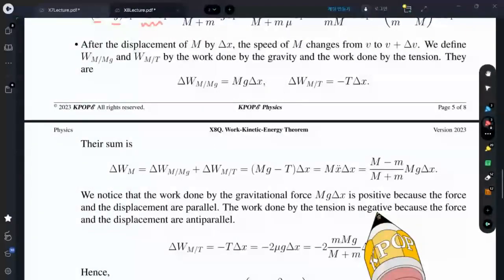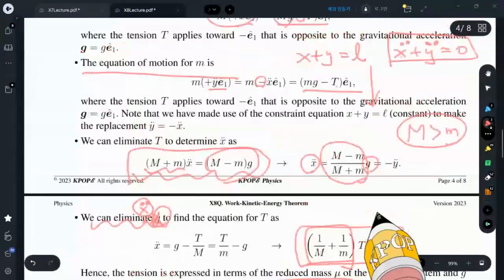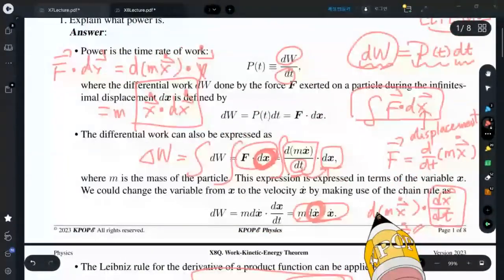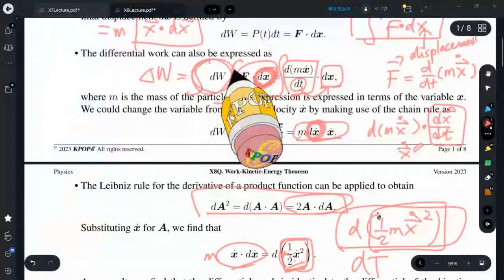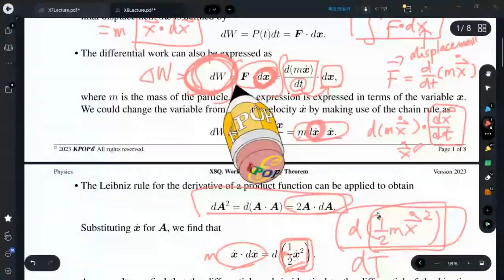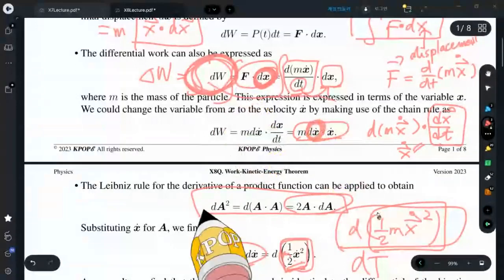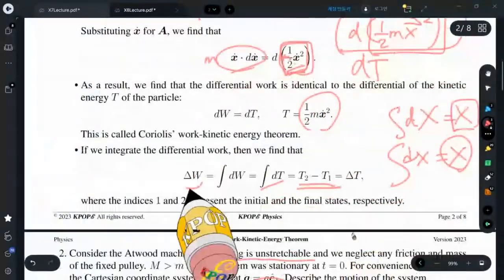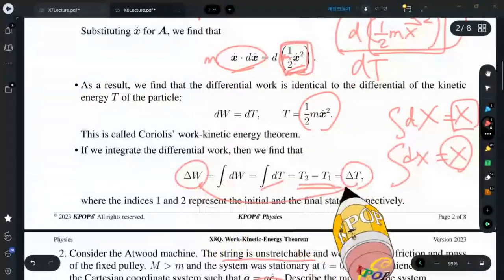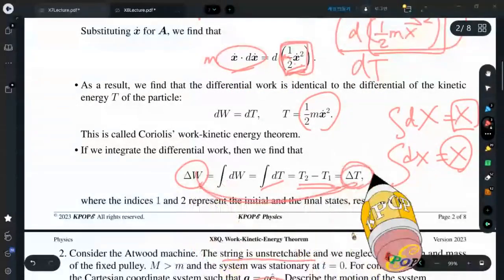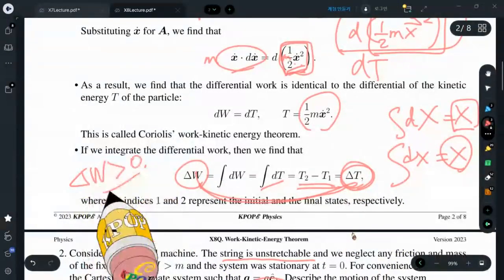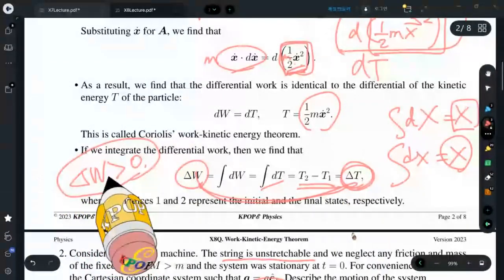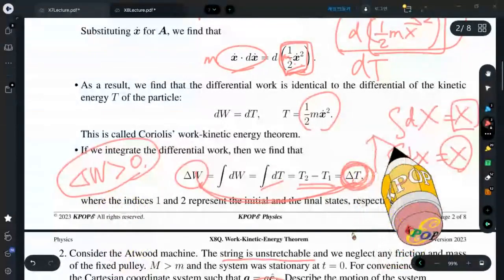you might want to check the change in energy, because we return to the work-kinetic-energy theorem. The amount of work done by some force results in a change in the kinetic energy. If you have done work in the positive sense, your kinetic energy will increase.